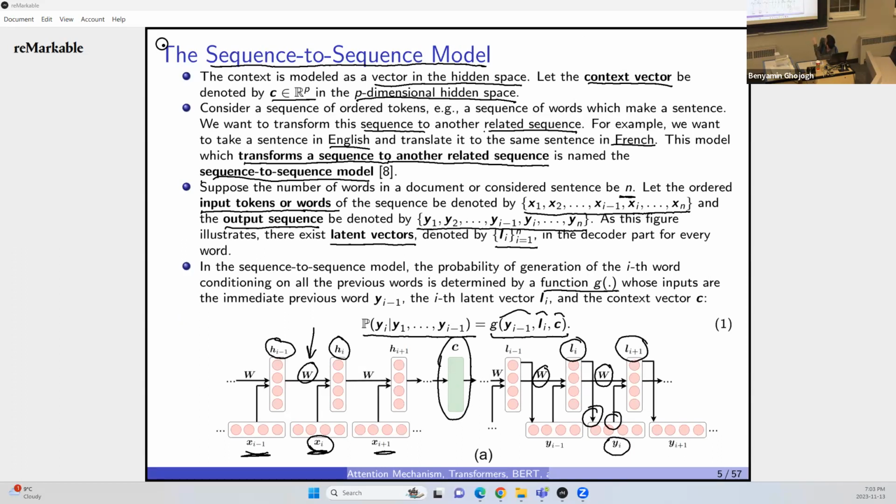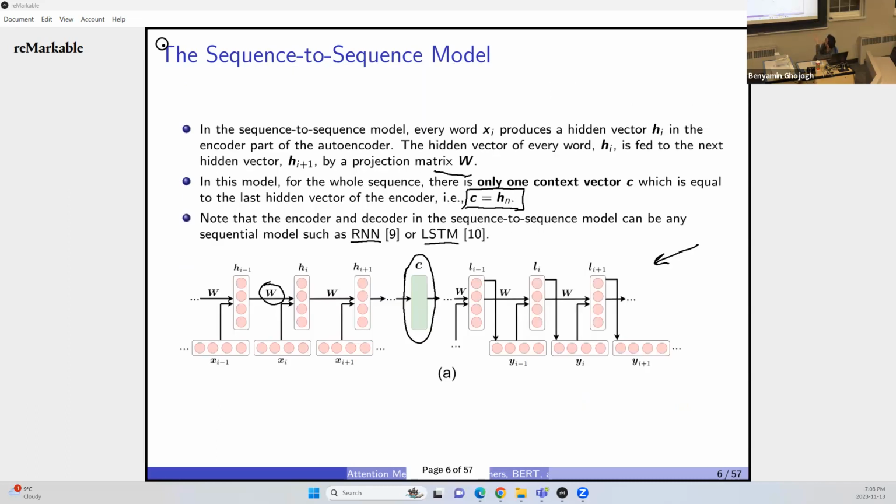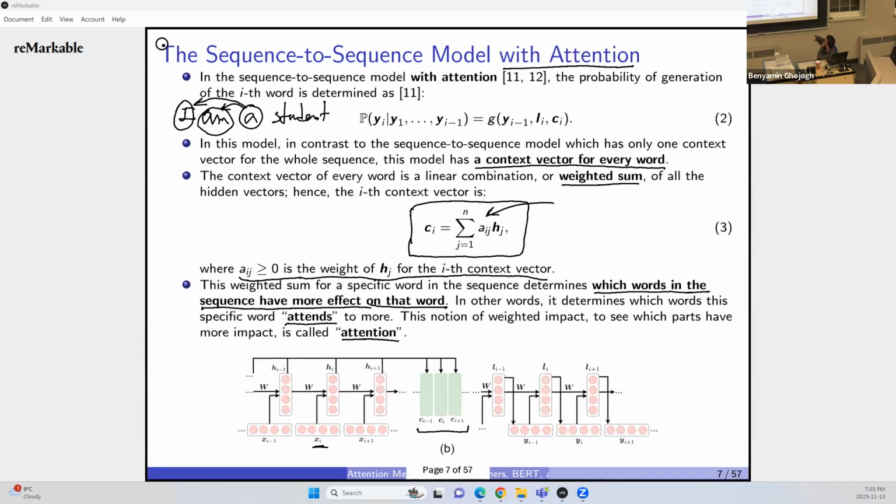So we have encoder layers, decoder layers, as you see in this figure, and we have one context vector, which is equivalent to the last hidden vector of the encoder, right? This is a sequence-to-sequence model without attention. We said, for example, RNN and LSTM are like that when they are implemented as an autoencoder. And then we said, what if we have a sequence-to-sequence model with attention?